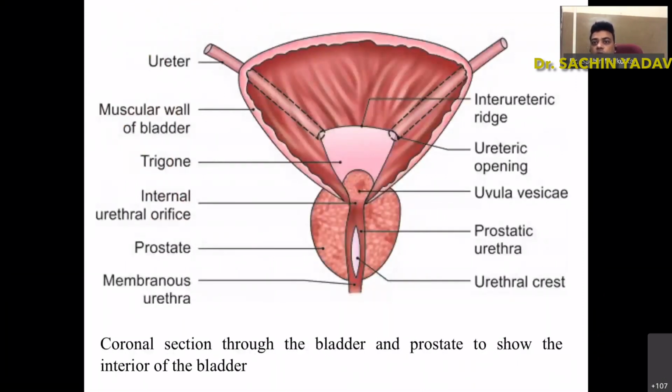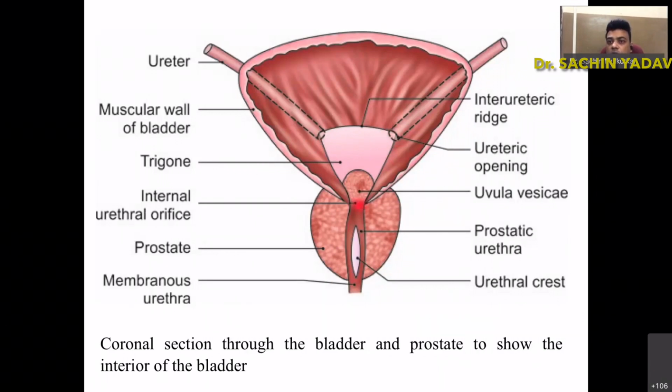You can see this is the interior of the urinary bladder. The anterior part has been cut and it shows the posterior part. You can see this part is having the detrusor muscles, and on the posterior surface of the inner aspect, you can see this inverted triangle, the apex directed downward, base directed upward.